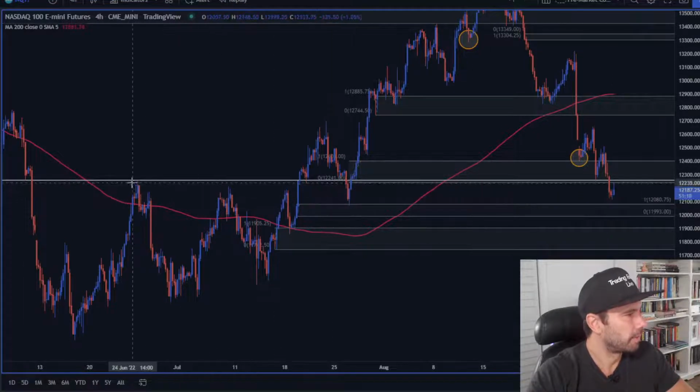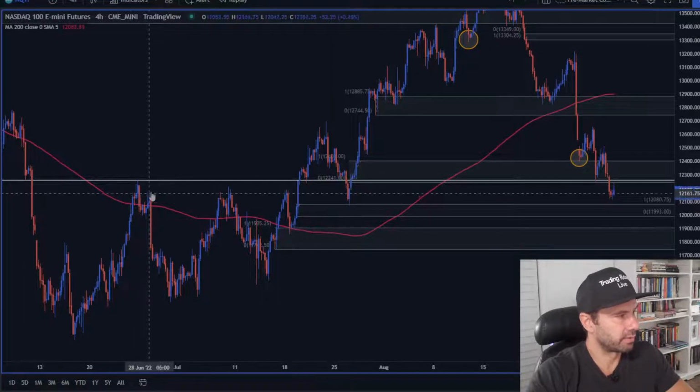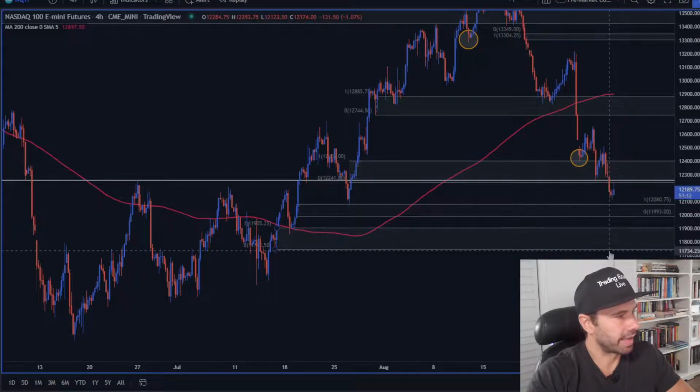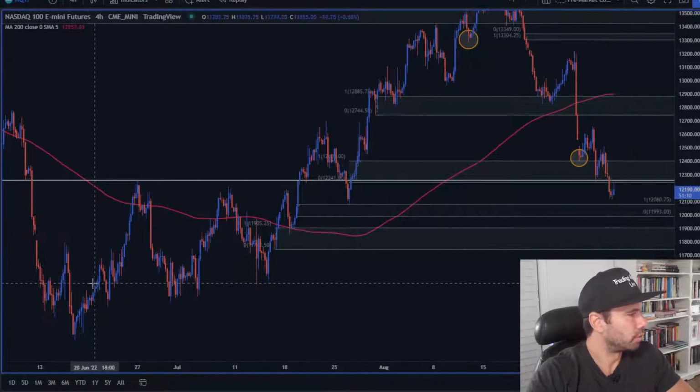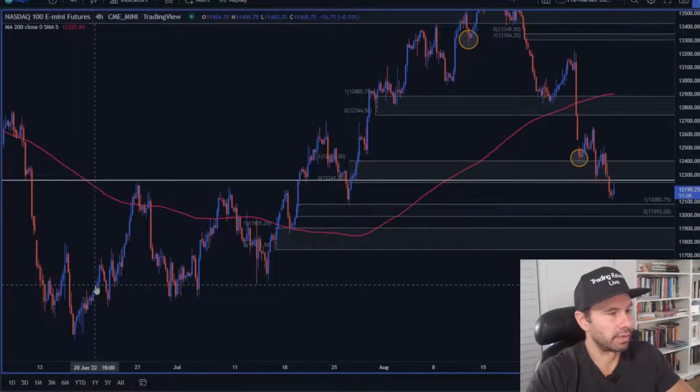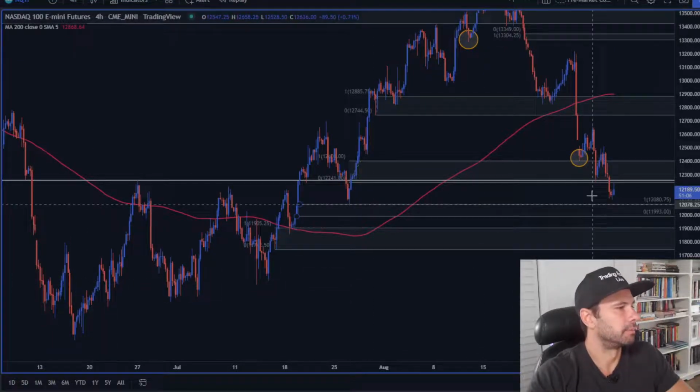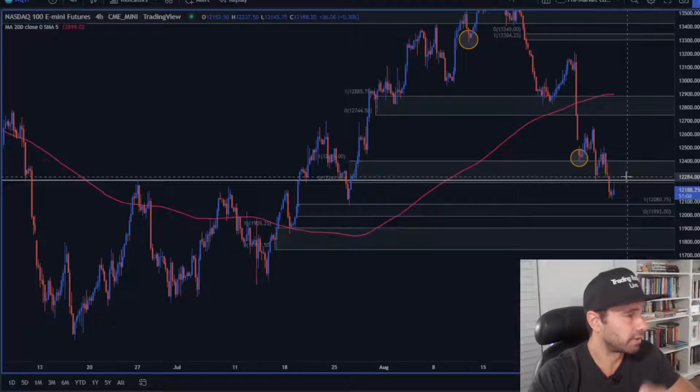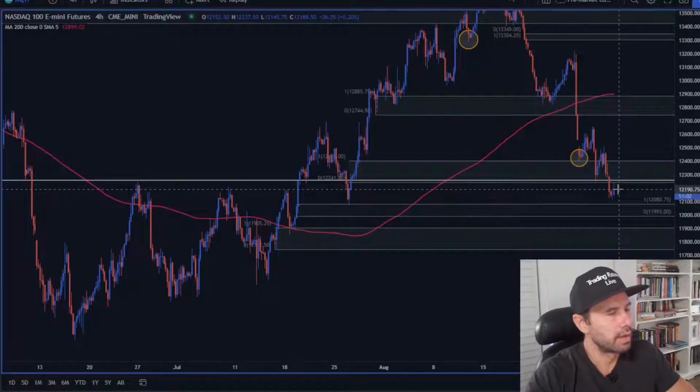But if we don't defend this pivot, like I said on the ES, we're gonna go back down to probably these levels, 11,500. So I think if the dollar continues to go up, everything is set up just for a reversal.